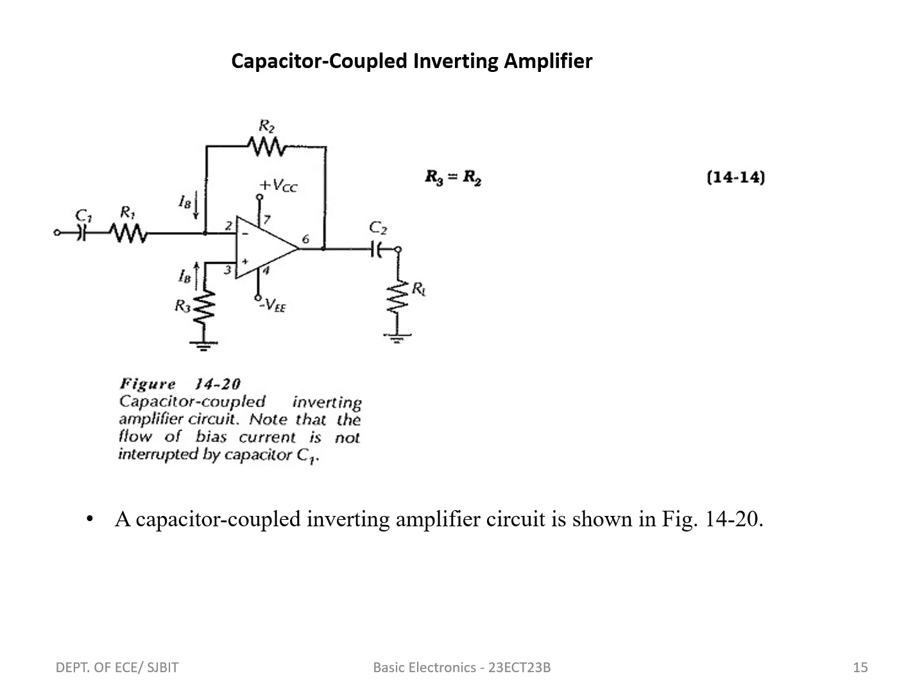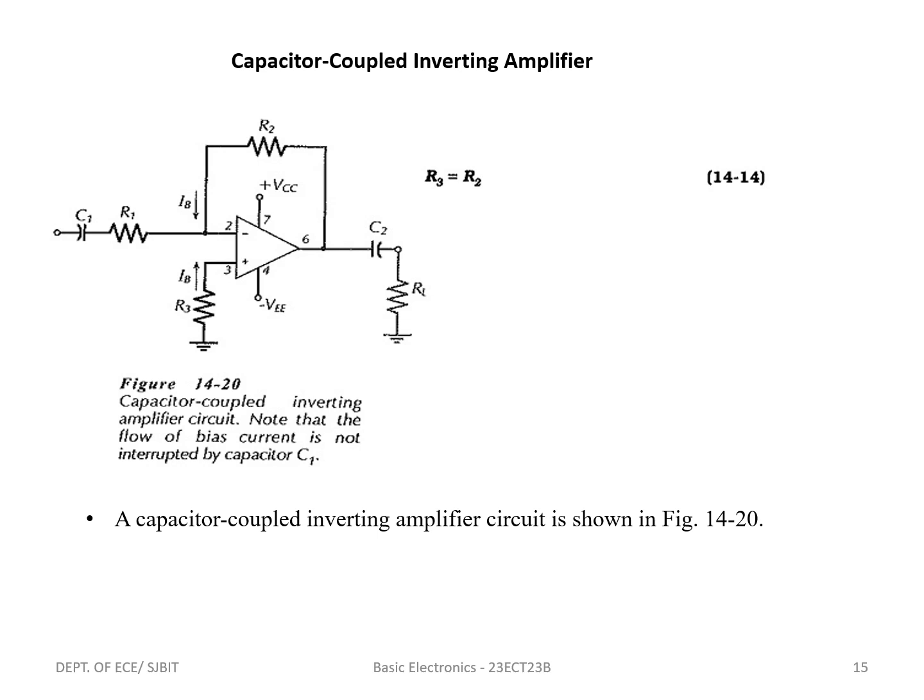Next, we have the capacitor coupled inverting amplifier. Here the figure shows the capacitor coupled inverting amplifier circuit. Note that the flow of bias current is not interrupted by the capacitor C1.